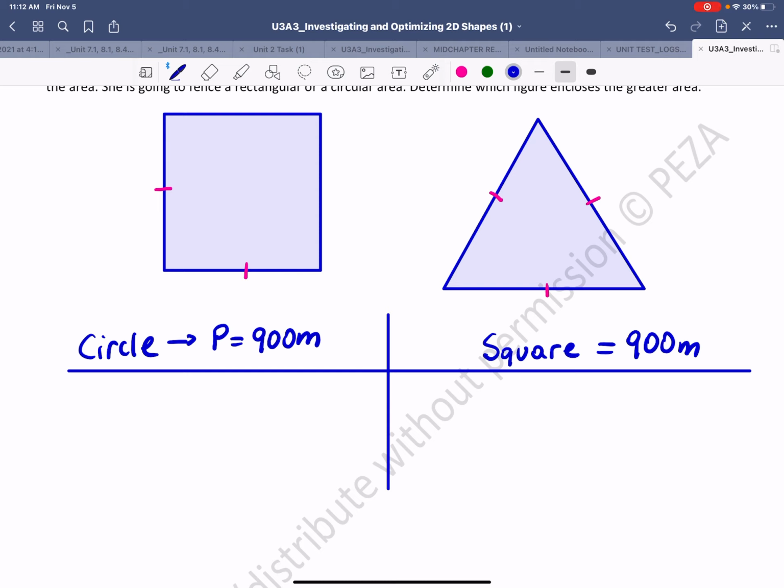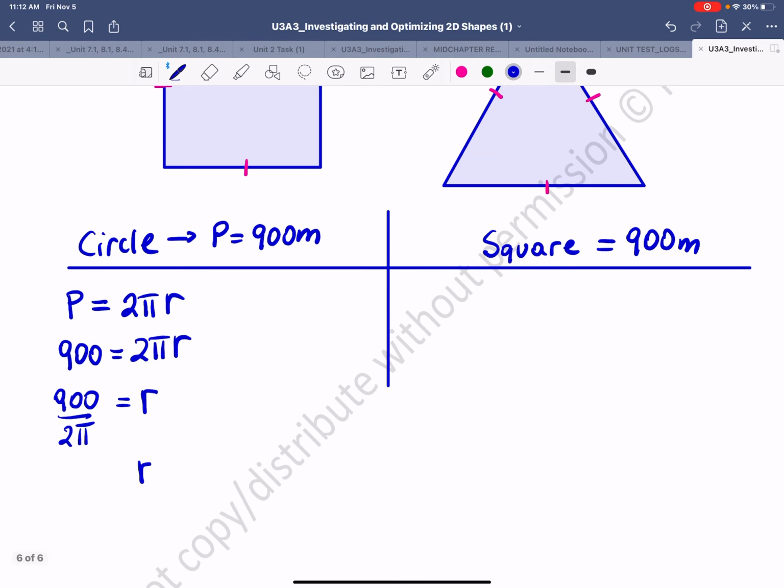So if the perimeter is 900 meters, we know that perimeter equals 2 pi r in a circle, which means that 900 must equal 2 pi r. That will make the radius equal to 900 divided by 2 pi.